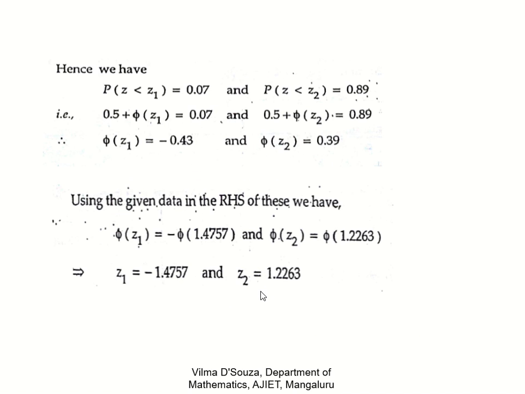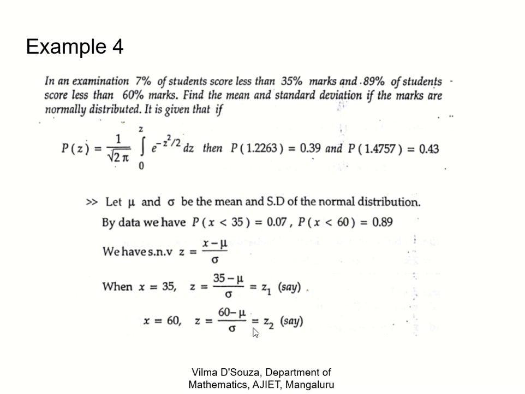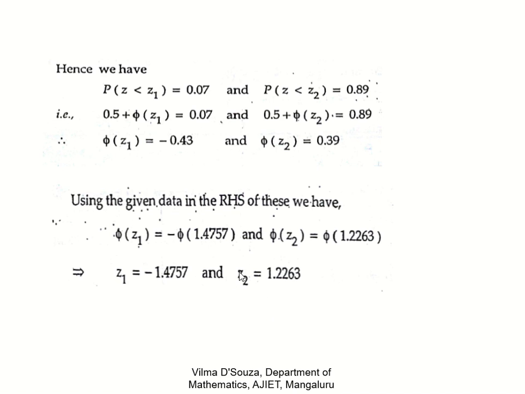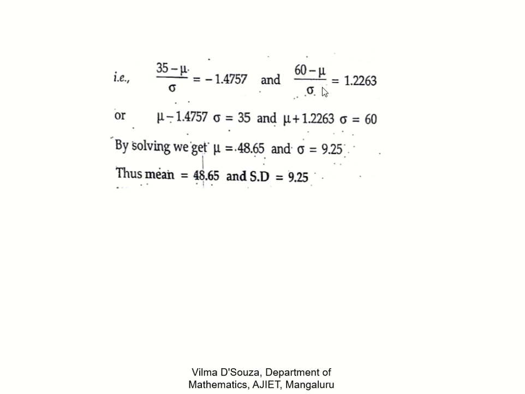What is Z2? Z2 is 1.2263, and Z2 is 60 minus mu by sigma. So what do you get? 60 minus mu by sigma is 1.2263. That is what we have written here: 35 minus mu by sigma is minus 1.4757 and 60 minus mu by sigma is 1.2263.